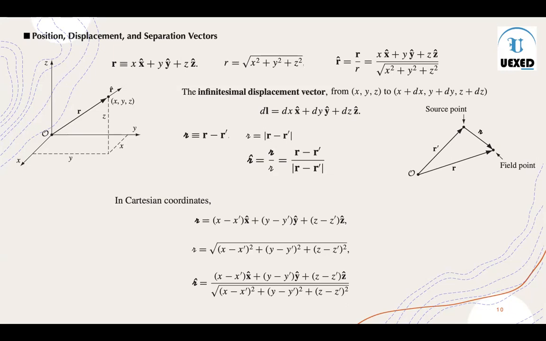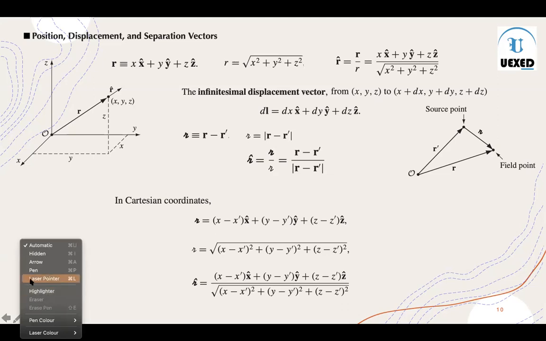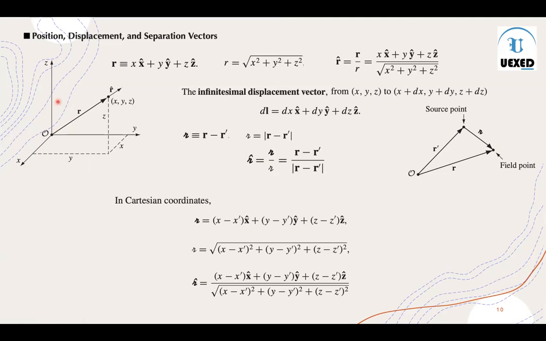Okay. So when we talk about position, displacement and separation vectors, I'm going to use certain symbols. If you have a three-dimensional structure like this in the Cartesian coordinate system with the right-handed coordinates x, y, z, any point x, y, z can be represented by a position vector, which we call the r vector.